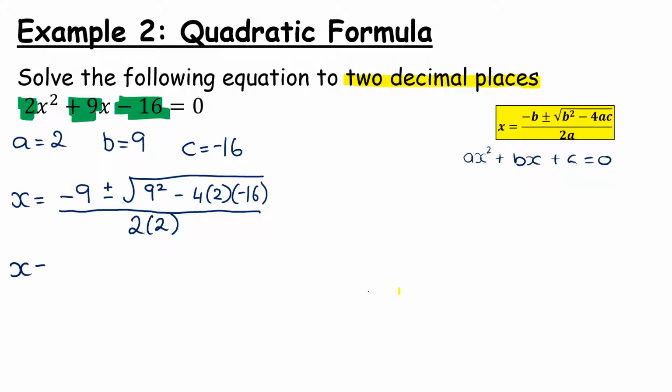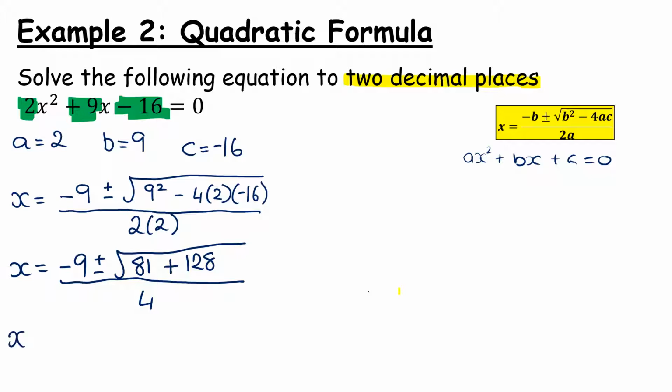We have x equals minus 9 plus or minus the square root of 81, as 9 squared is 81, and minus 4 by 2 is 8, so minus 8 by minus 16 will give me a plus 128, and that's going to be all over 4. Let's clean that up even more. x is equal to minus 9 plus or minus the square root of 209 all over 4.